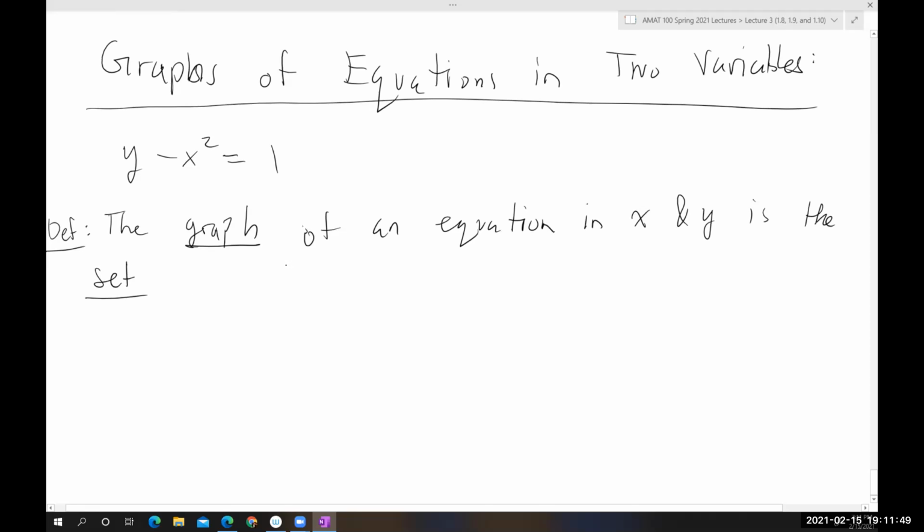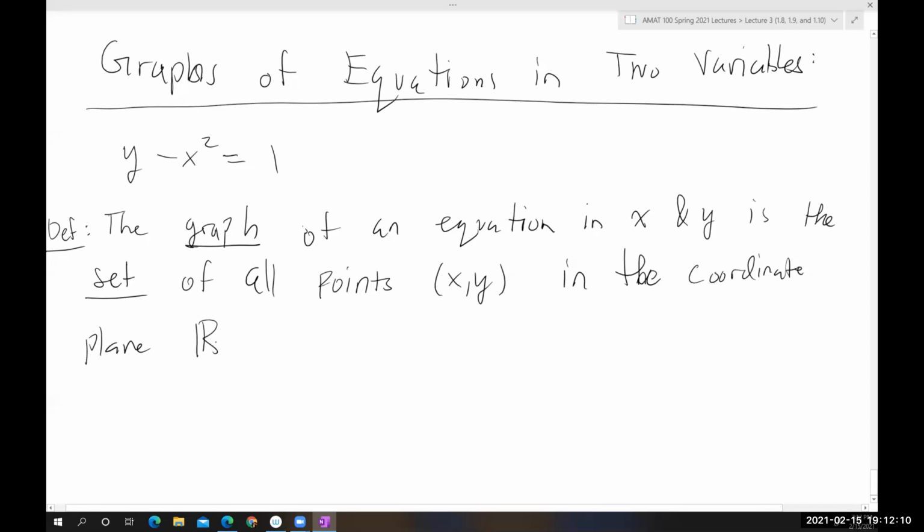So the graph of an equation in x and y is the set of all points or ordered pairs or tuples x comma y in the coordinate plane, which we denote as R squared, that satisfy the equation that you're given.